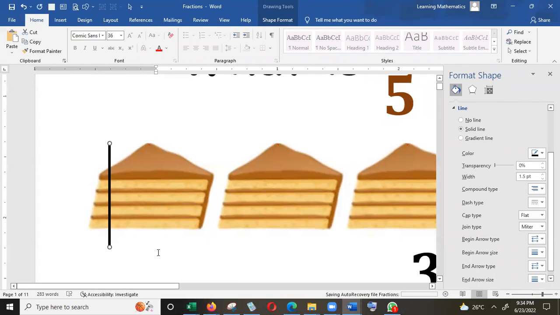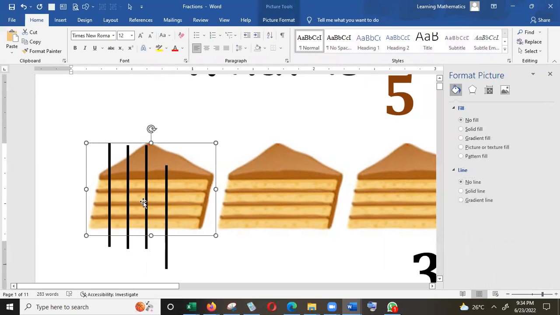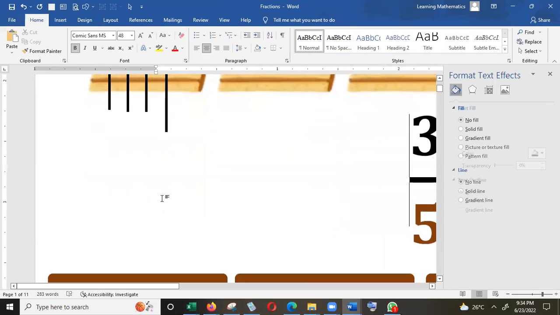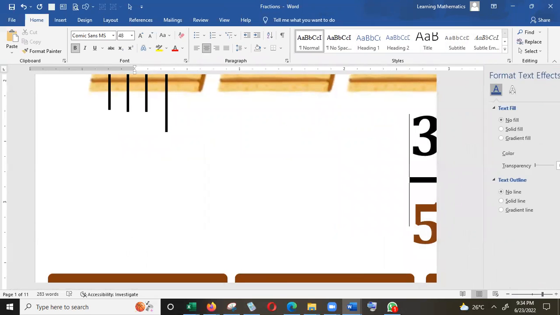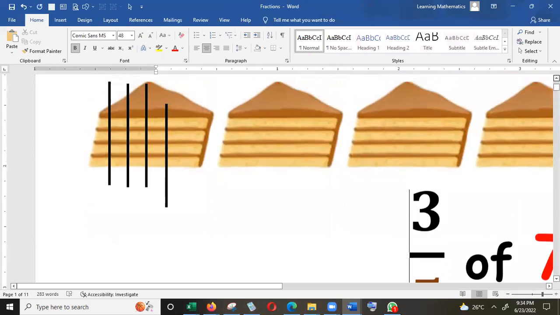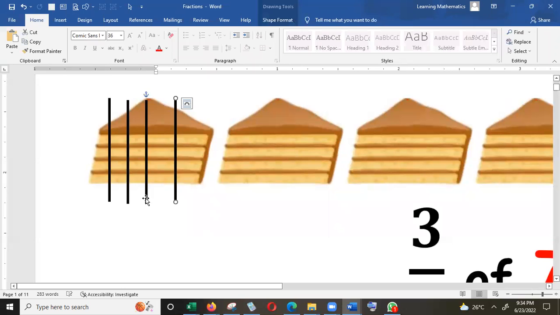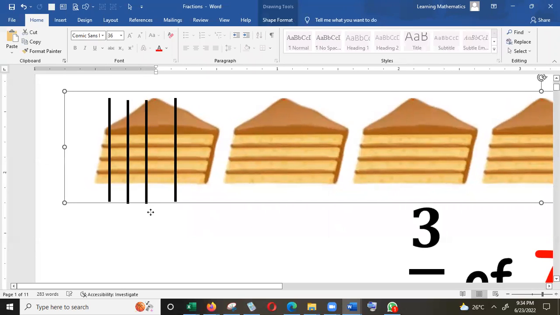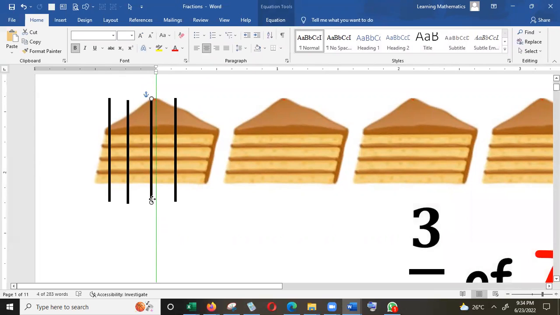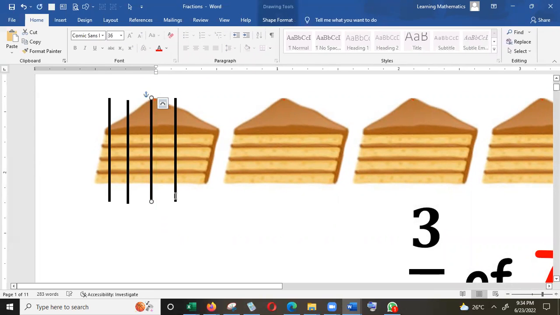So let's say this is 1. That's 1, 1, 2, 3, 1, 2, 3, 4, 5. Now you can still do better than that. Let's come here. As you can see, we are attempting to divide this cake into 5 equal portions so that we can take only 1 out of it.